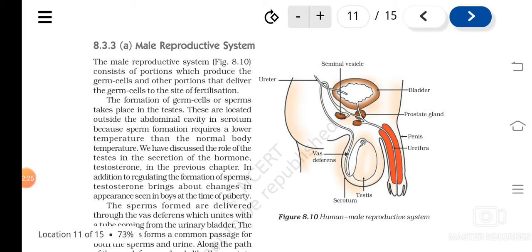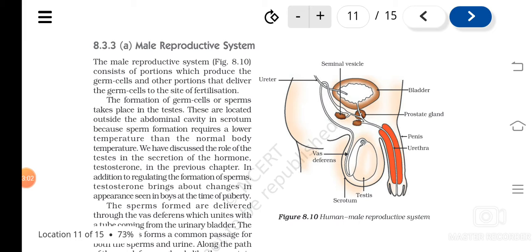In that you will be writing the aim, materials required, principle or theory, procedure, then you will also have to write the observation and precautions. Whatever is there, you should write all of it. And the diagrams should be drawn on the blank page with all the labeling towards the right side. So these 2 experiments you have to complete.